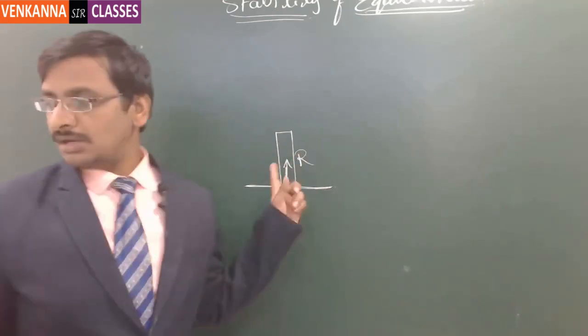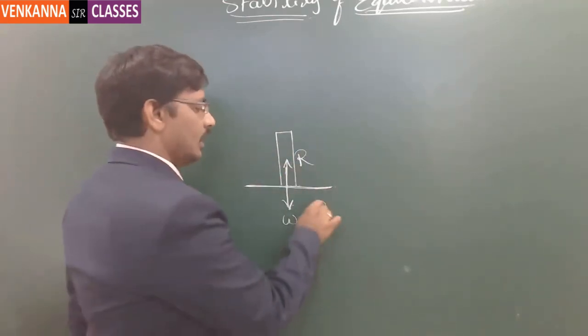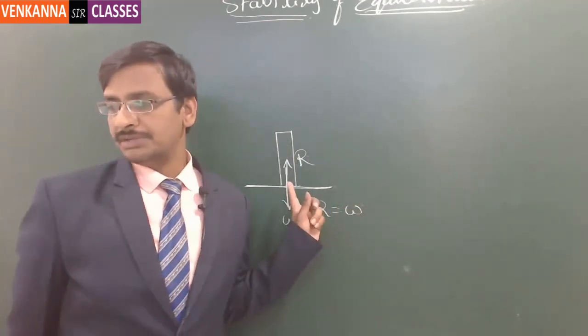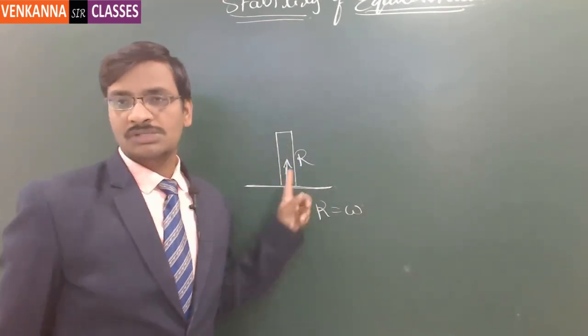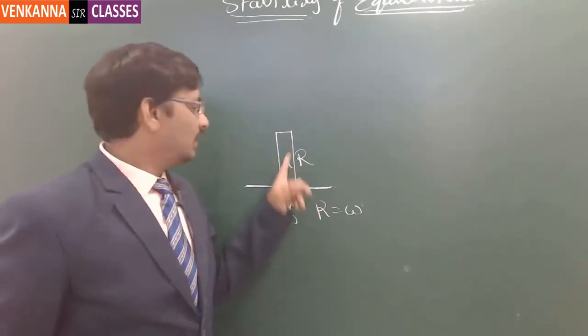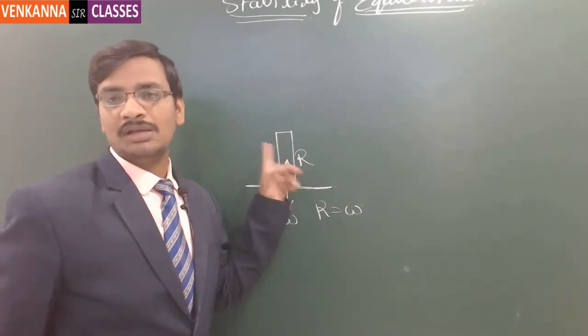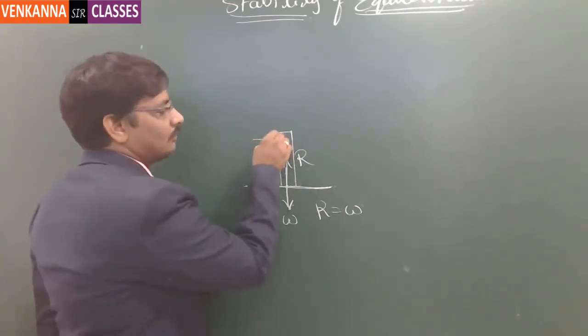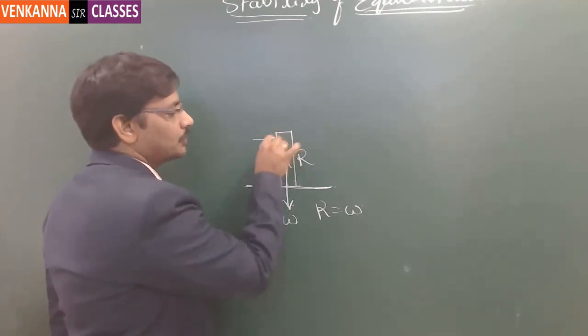The system is under equilibrium because R is equal to W. These two forces balance out and keep the body under equilibrium condition.